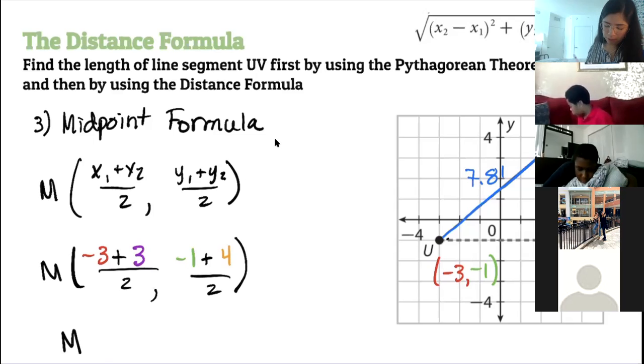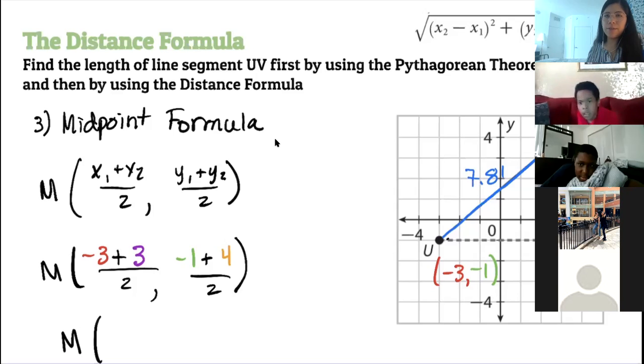So what's -3 plus 3? Repeat the question, please. What's -3 plus 3? -3 plus 3 is 6.